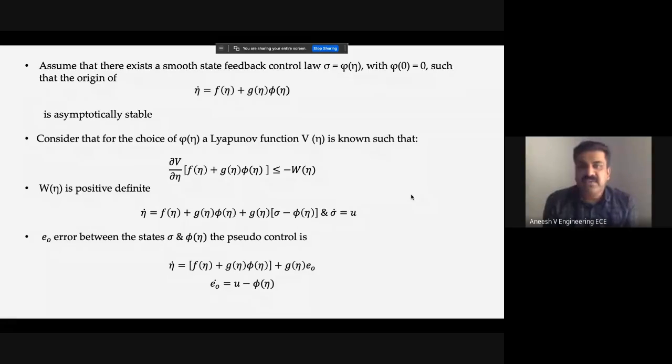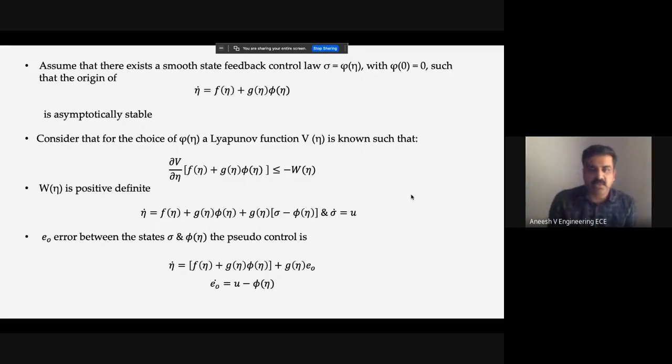Then consider, for the choice of phi of eta, a Lyapunov function V of eta. I need to do the partial differentiation of this Lyapunov function with respect to eta, and that particular term should be positive definite. Positive definite means V of x is a function that should come to 0 if I substitute eta equal to 0. Then we need to take the error.